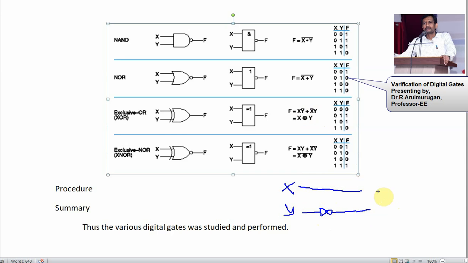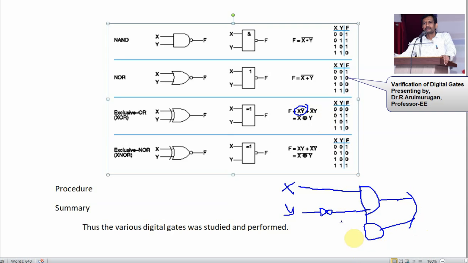First one, this is complete. Multiply X into Y bar; multiply means AND, then output. Plus symbol, so OR. Another one, X bar into Y, AND gate.